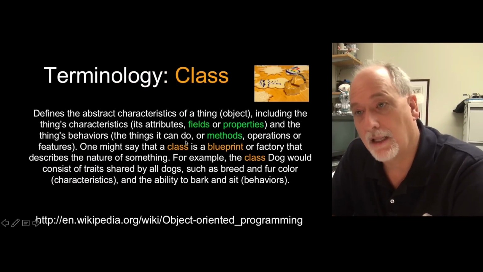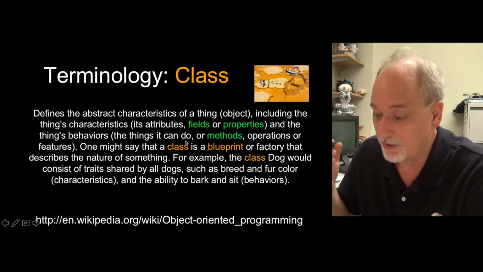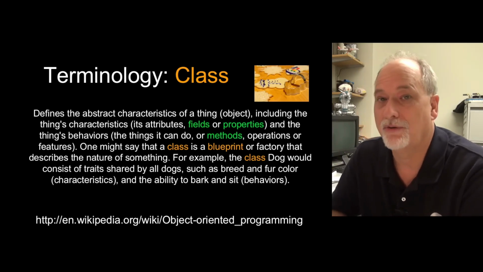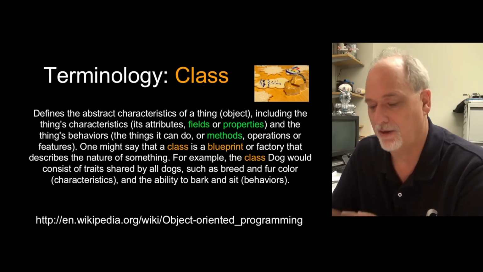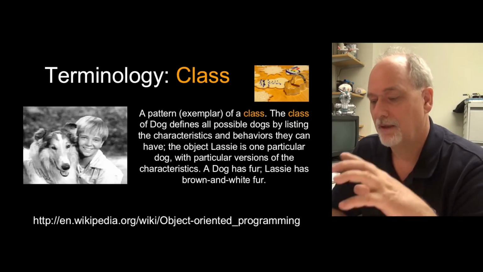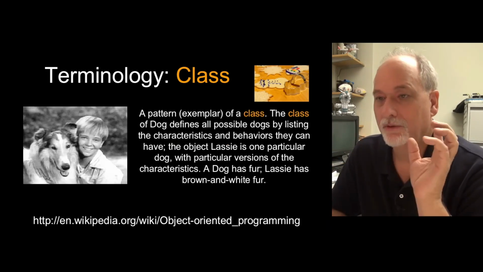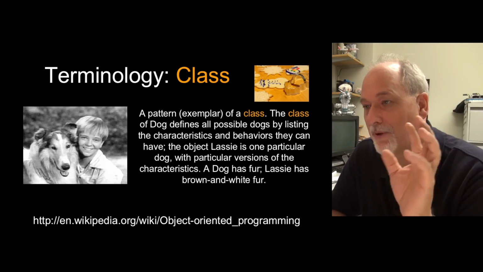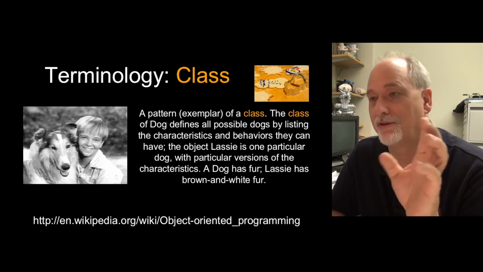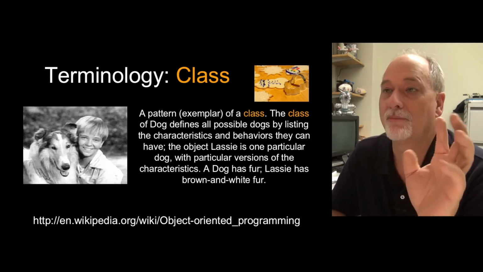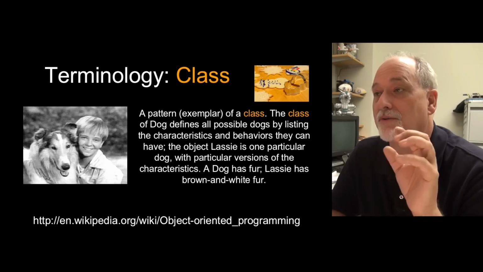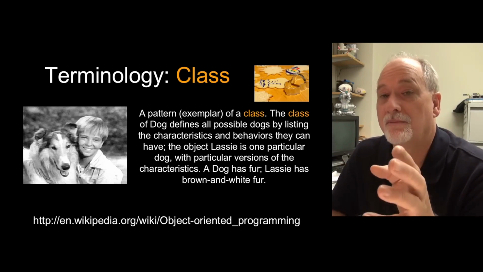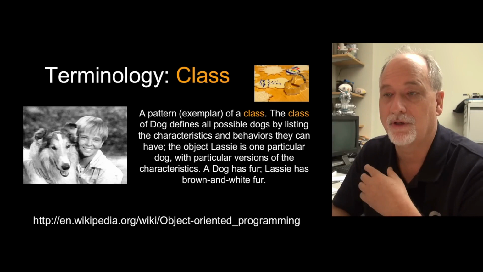So, like I said, a class is a template. It defines the characteristics of the objects that we're going to make from it. It is the cookie cutter. So, dog is sort of the exemplar. Lassie is a particular dog, and so dog has fur, and dog barks, and dogs do all these things, and so we know something about dogs, but it doesn't mean we have a dog, right?